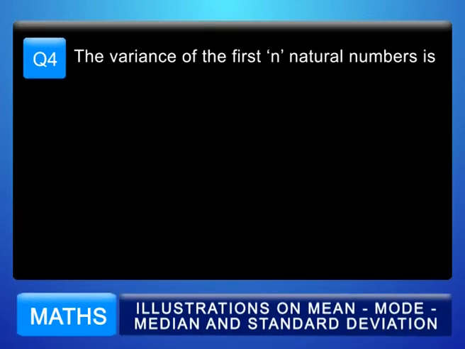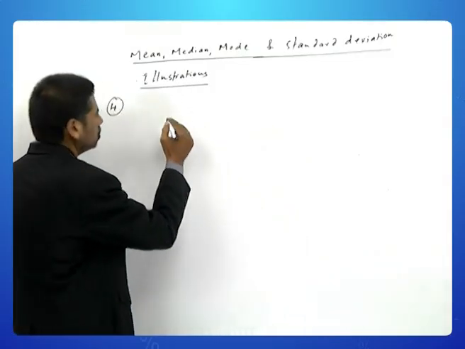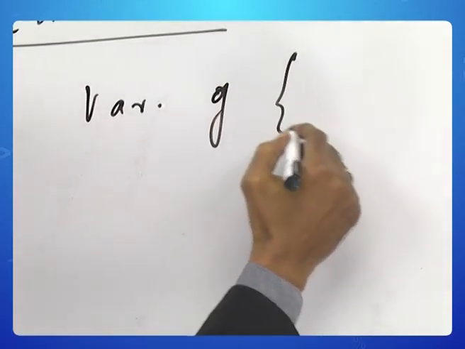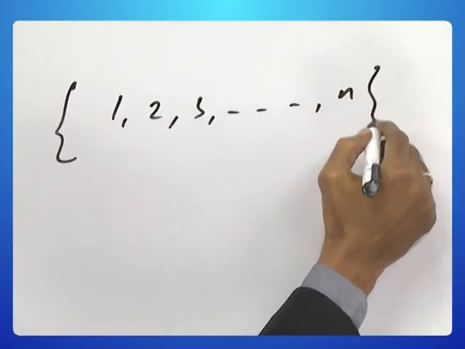Question number 4. The variance of the first n natural numbers is what? So, variance of the first n natural numbers.